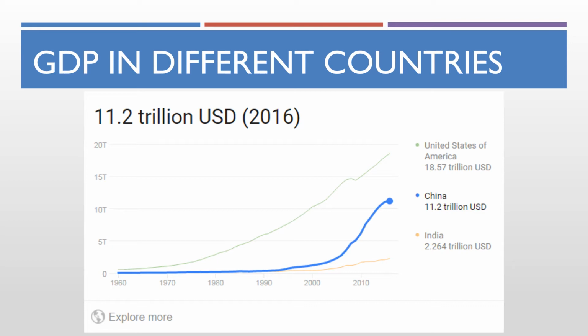We're always seeing the United States GDP going up every year. China has had very successful growth since the 2000s. However, India is still in a very slow growing phase in terms of GDP.